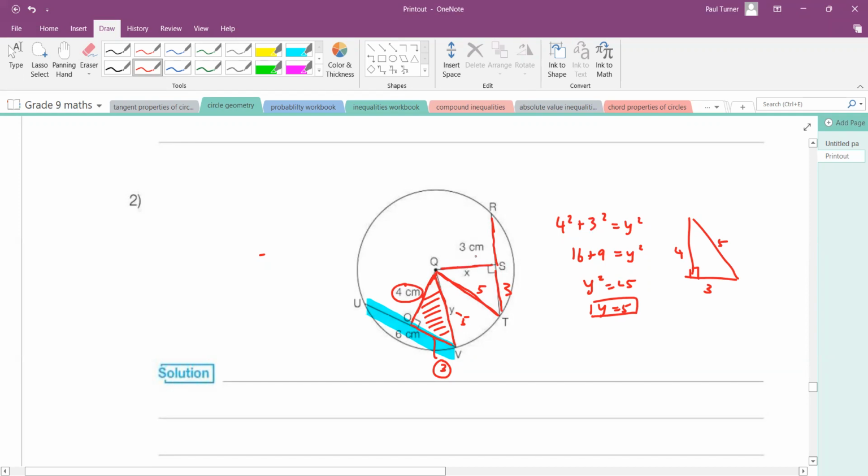So it's exactly the same as that triangle, 3, 4, 5. So X will be 4. So actually, these 2 triangles are congruent triangles. They're just in different positions. And the chords are the same length. So everything makes sense there.